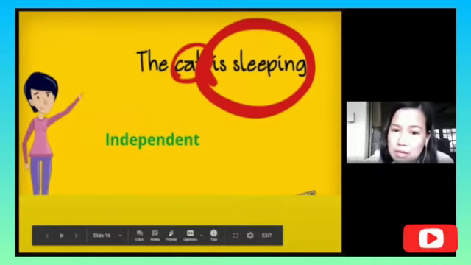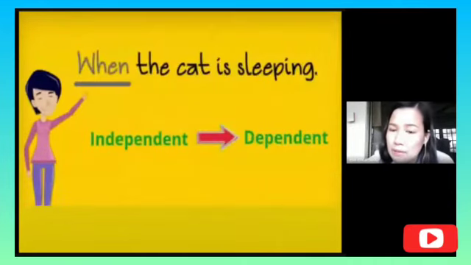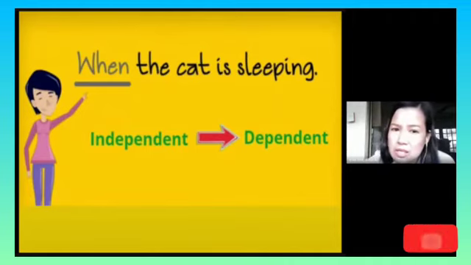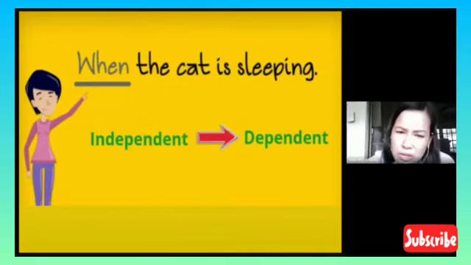Okay? Next, tingnan natin yung dependent. Gusto nyo gawin natin dependent clause itong sentence na the cat is sleeping. When we add subordinate conjunction at the beginning of your simple sentence, nagiging dependent na siya. Bakit teacher? Kasi nga, it doesn't sound complete, hindi na siya naiintindihan ng buo. If it causes you to ask, yeah, so what?